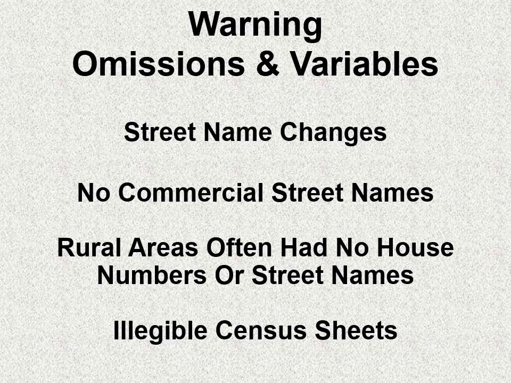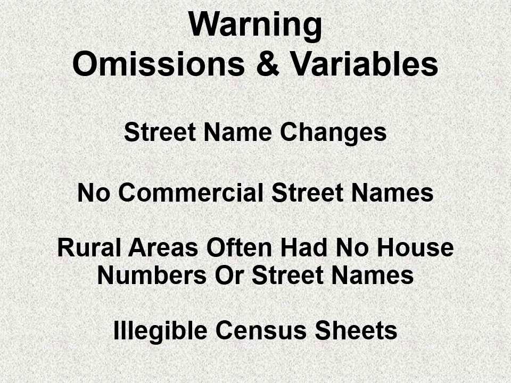Okay, our street finder aid is not going to be comprehensive for Philly's 1870 census. You will see why in the last section, which discusses the problems I faced putting the street list together. But some of the problems are that there are street name changes. There are no commercial street names because the streets won't appear on the census. There are no residents there, so there will be no street listings.